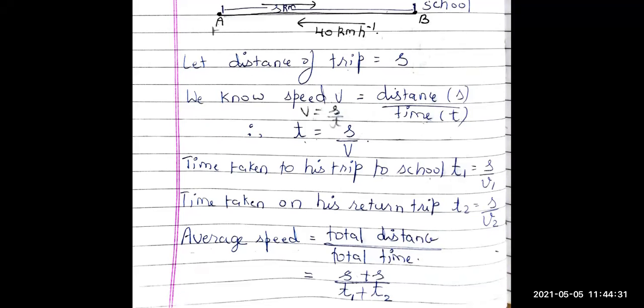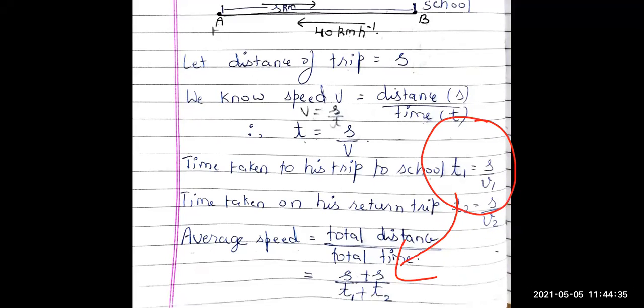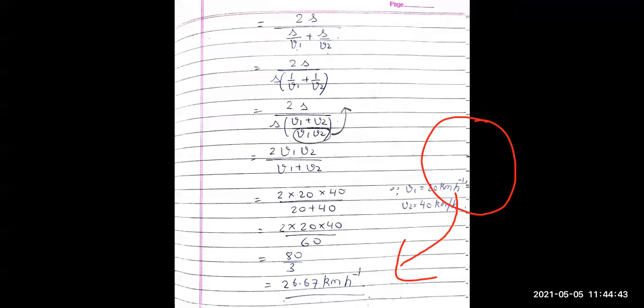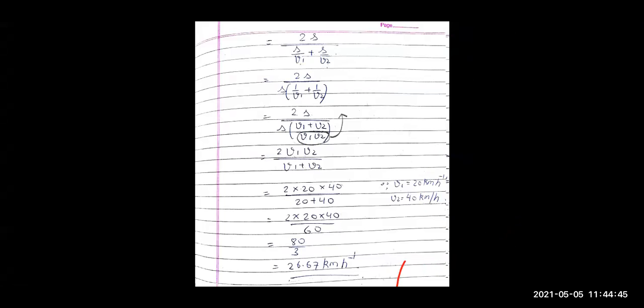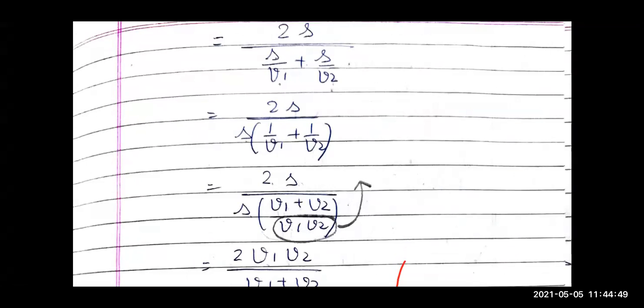So we will put this value of T1 and T2 over here, right? So let's put those values and let's calculate. Instead of T1, we will put S upon V1. So at the top, total distance is S plus S, that is 2S.